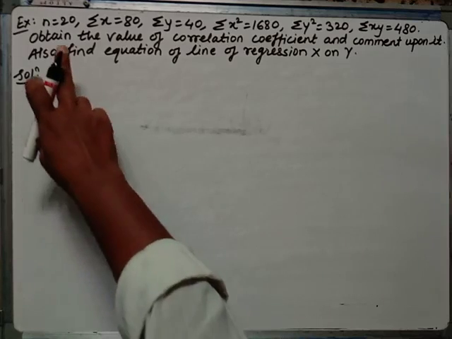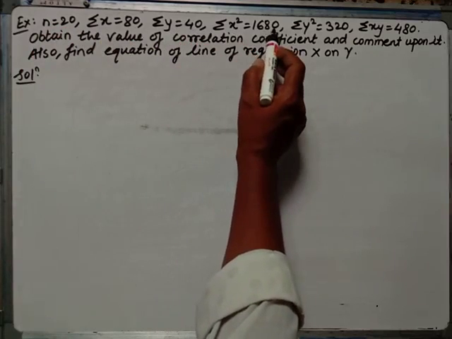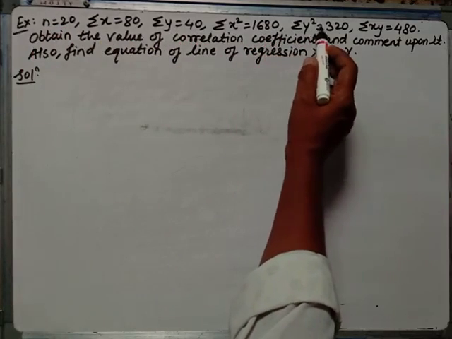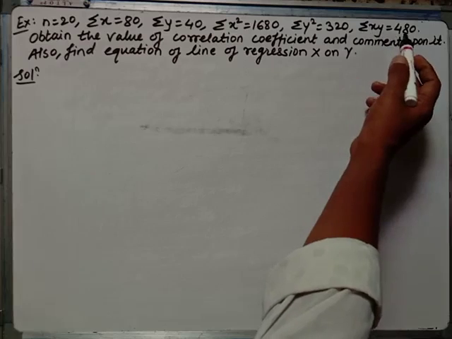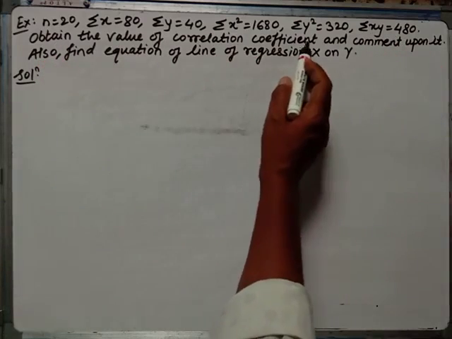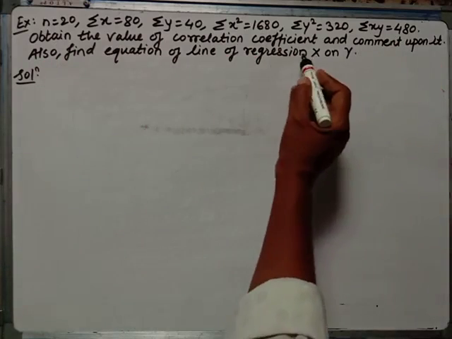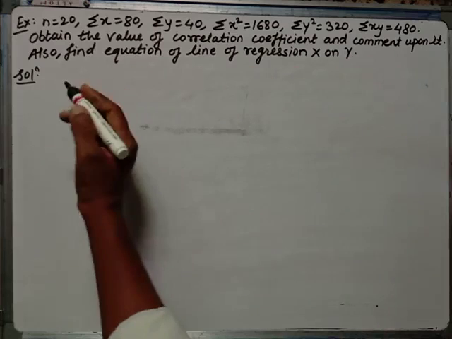Next example is that n equal to 20, summation x is 80, summation y is 40, summation x square is 1680, summation y square is 320, summation xy is 480. Now the question is to obtain the value of correlation coefficient r and comment upon it, and find the equation of line of regression x on y.